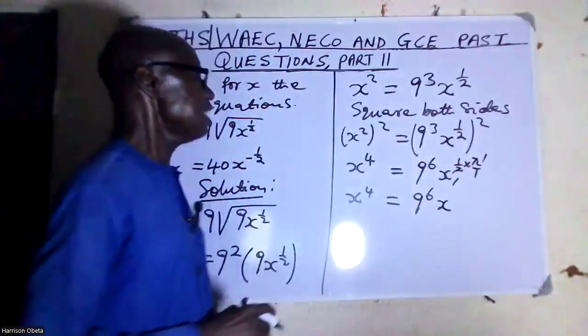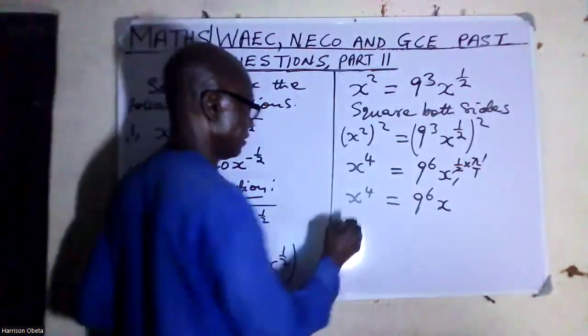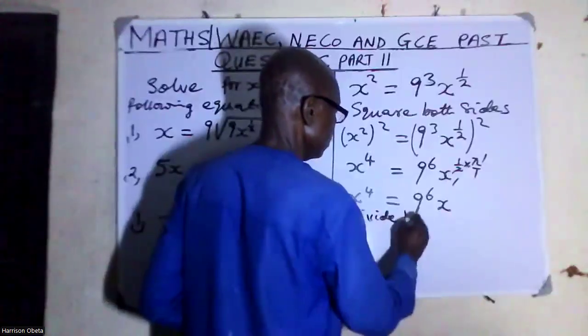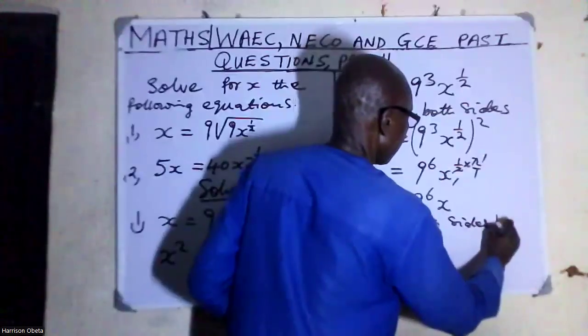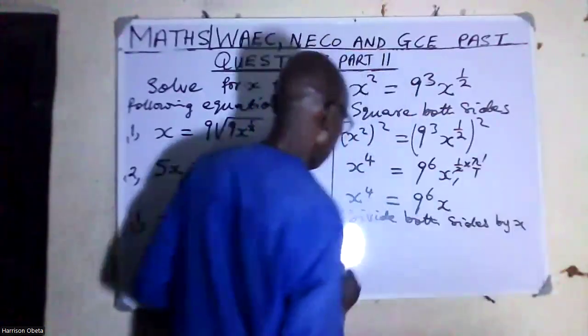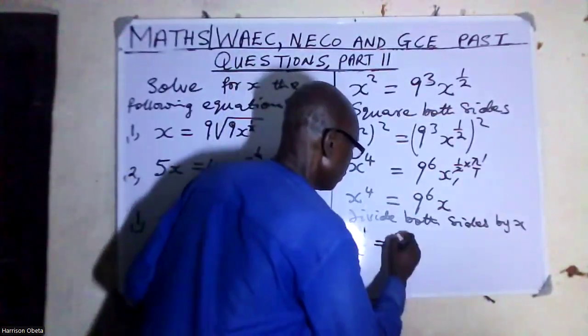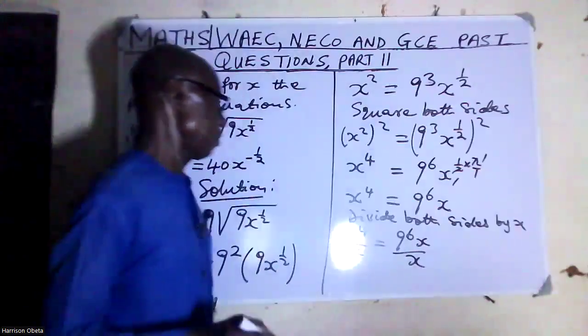And then the next thing is to divide both sides by x. Divide both sides by x. And that is x raised to the power 4 over x equal to 9 raised to the power 6x over x.